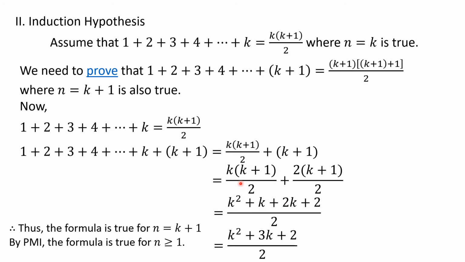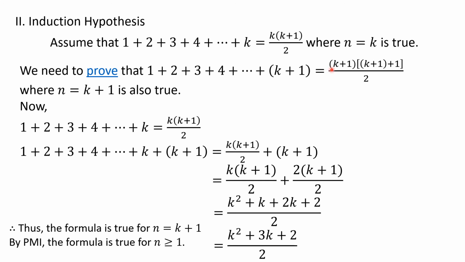We have k squared plus k times 1, that is k, plus 2 times k, that is 2k, 2 times 1, that is 2, over 2. And then by simplifying, we have now k squared plus 3k plus 2 over 2. So thus, the formula is true for n equals k plus 1 by the principle of mathematical induction. The formula is true for n greater than or equal to 1.